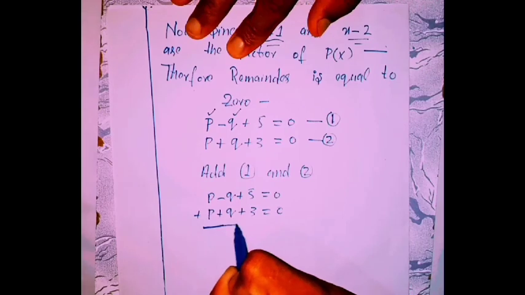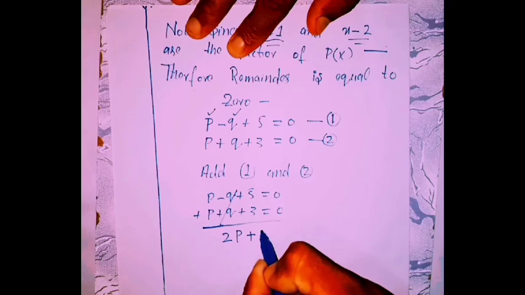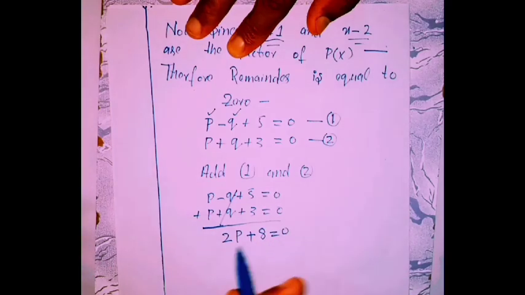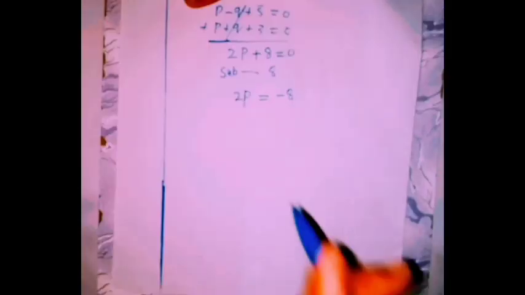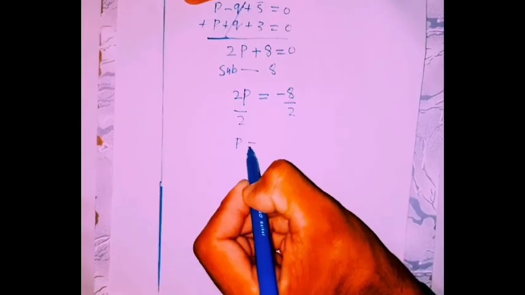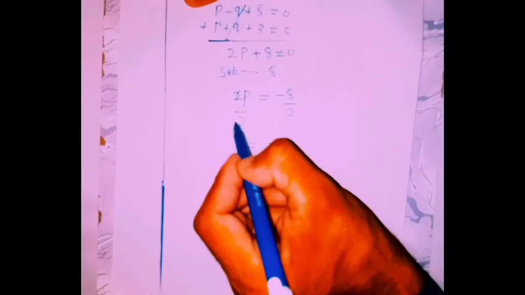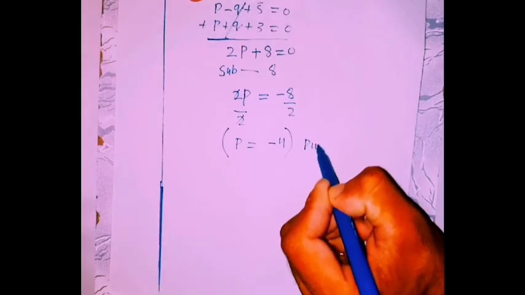If we add both, minus q plus q cancel, so here we get 2p plus 8 is equal to 0. Now if we subtract 8 from both sides, we get 2p is equal to minus 8. Now divide both sides by 2, so 2 cancels with 2, and we get p is equal to minus 4.